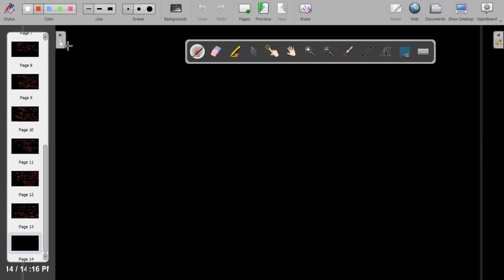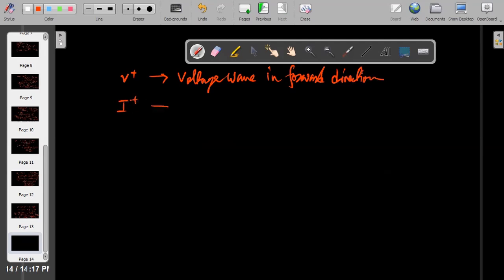Okay. So V plus, I plus, V minus, I minus. I think you know. V plus is what? Voltage wave in forward direction. Okay, I'm writing again. Anyhow, it is in the notes. Voltage wave in forward direction. Same thing. I plus is what? Current wave, all are waves only, in forward direction. V minus is what?